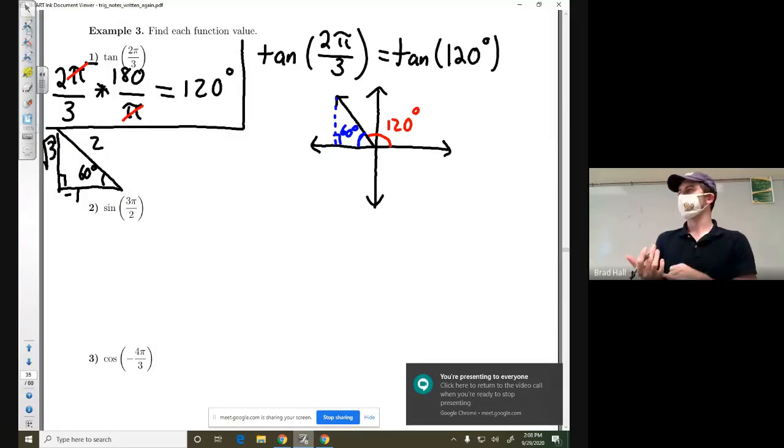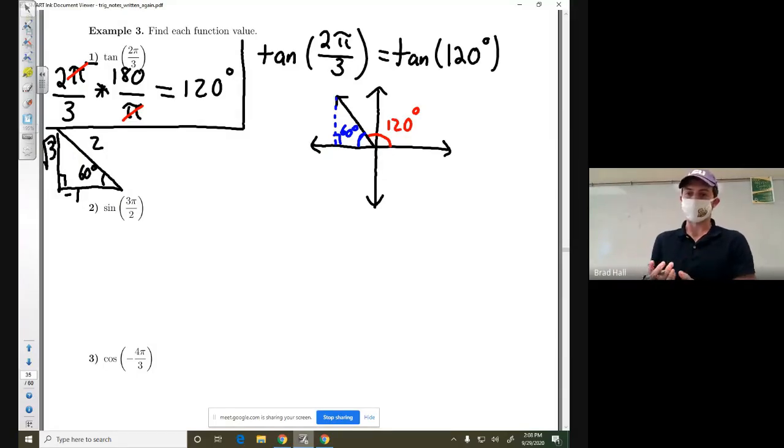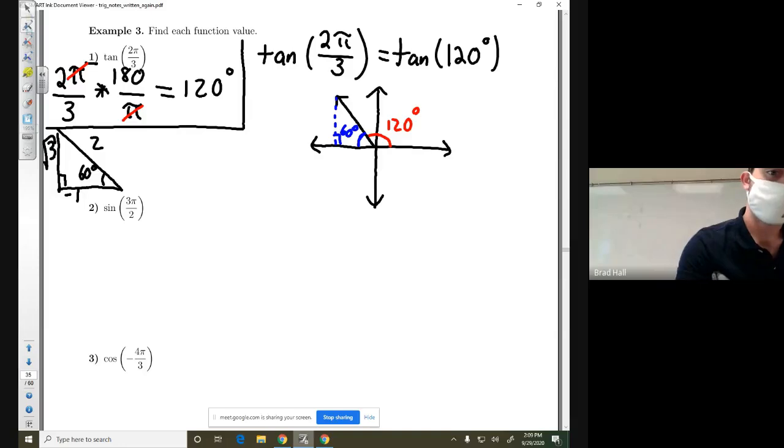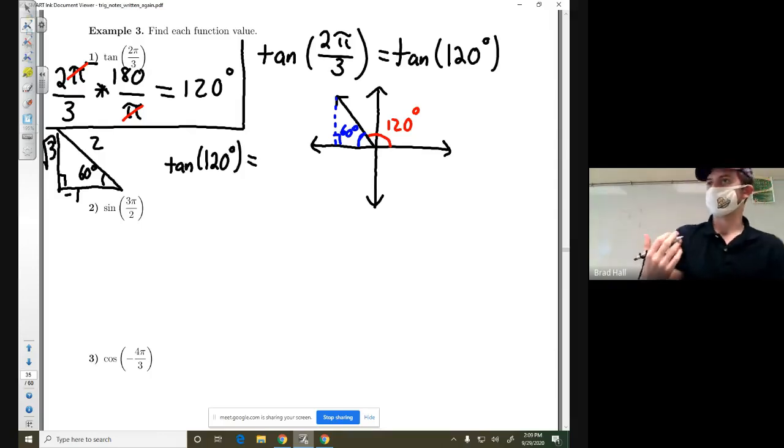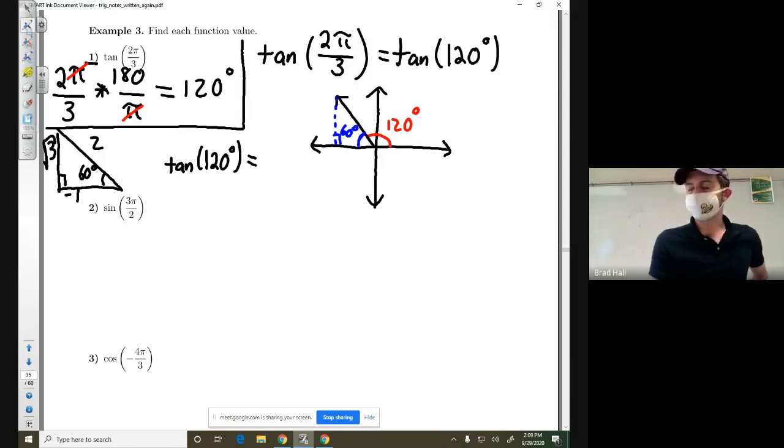And then from here, really the triangle will help us find tangent of 120 by looking at the tangent of the interior angle here. So what's tangent in general?